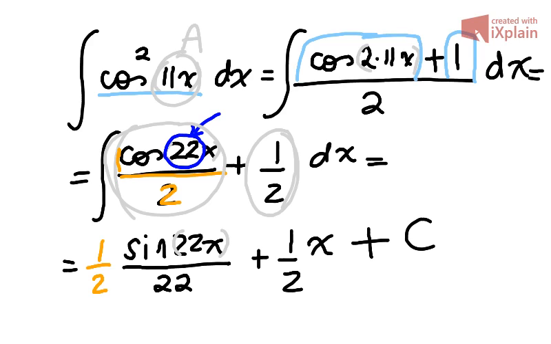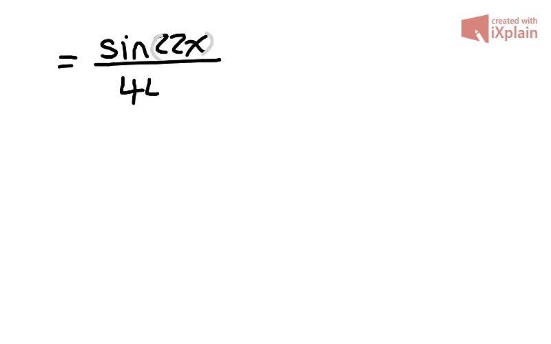So let's see how this is going to look now. Let's try to rewrite it. Those two numbers here on the bottom, because there is a multiplication, that half is times-ing. So 2 times 22, we're going to have 44 on the bottom. So we could say, final answer here, sine of 22x, that's the angle, divided by 44, plus half x, or x over 2, plus a constant.